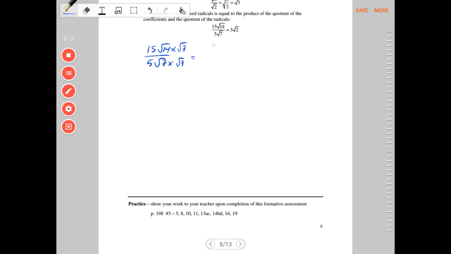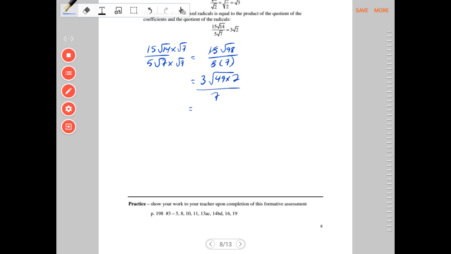Okay, so I would get 15 root 98. Okay, 14 times 7 over 5, and root 7 times root 7 is just 7. Okay, good. Now we can simplify. So 5 and 15 cancel, so 5 goes into 15 3 times. 98 has a perfect square of 49 times 2, all over 7.